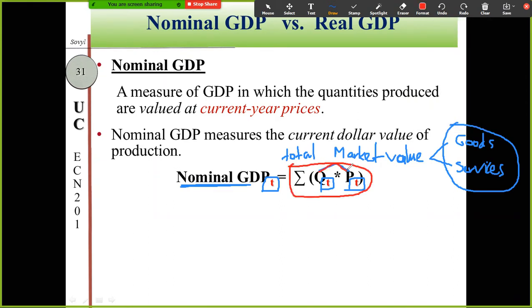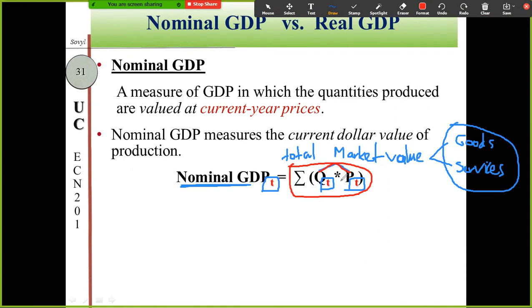This is market value from one product. It could be one good or one service, but in one country, in one city, in one state, in one province, we don't produce only one good or only one service. We produce different kinds of goods and different kinds of services. That's why in order to compute nominal GDP for this country, this city, this state, we need to add all market values from different goods together.